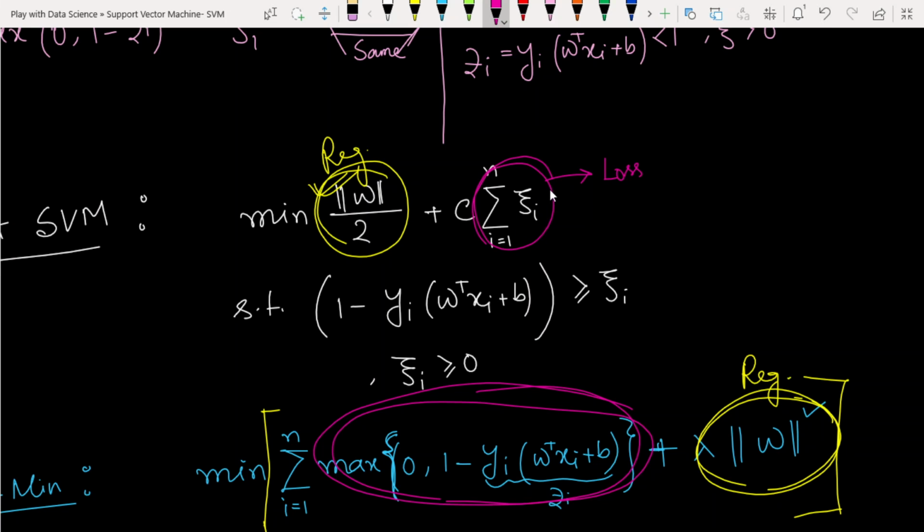We are trying to minimize this loss value. Why loss? If zeta equals 0, then the point is correctly classified. If zeta i is greater than 0, only then is it incorrectly classified.